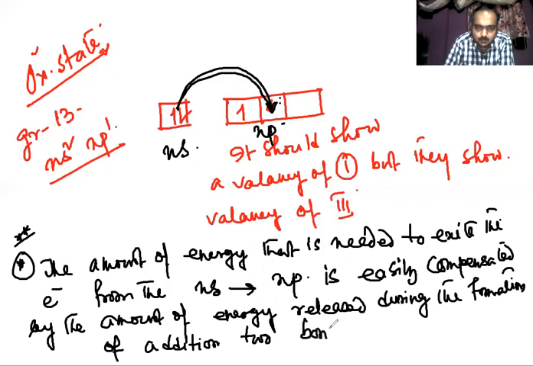This is the reason why the electron is excited from the ns to np orbital.